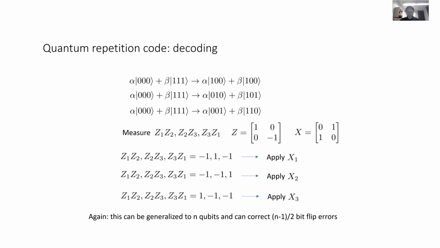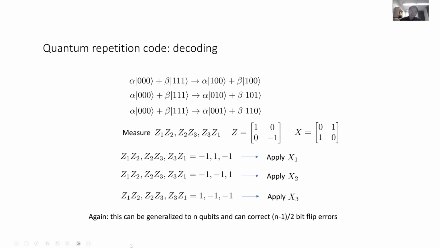If you get the second measurement result, you would apply x2, and if you get the third measurement result, you apply x3. If all three operators come out +1, then you say there's no error, so you don't apply anything. So that is the analog of the majority vote decoder in our quantum world.